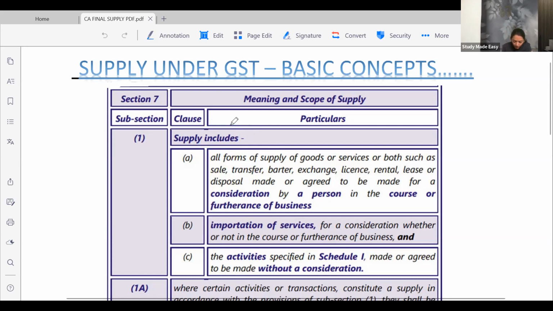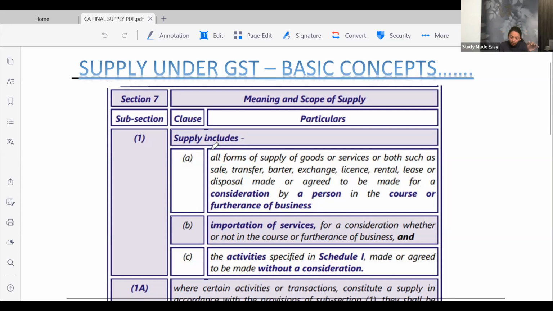Now, supply includes all forms of supply, whether of goods, whether of services, or both. Again, supply includes all forms.